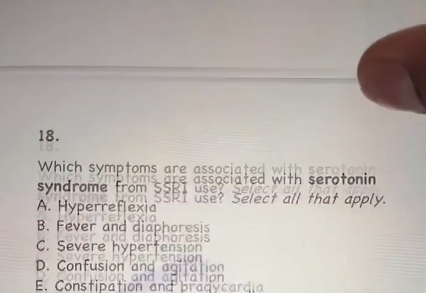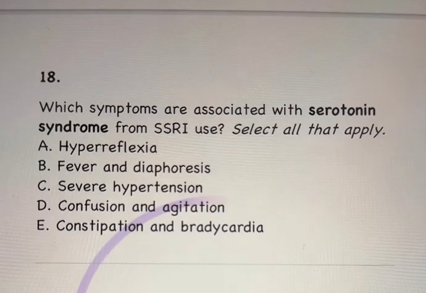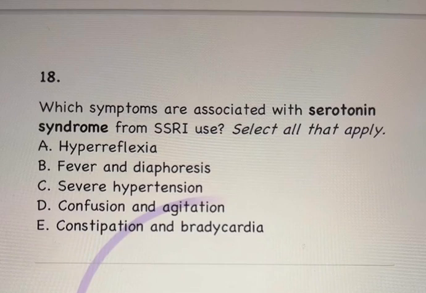Okay, three more questions, guys, and then we are going to be done with this. Which symptoms are associated with serotonin syndrome? Definitely, what is serotonin syndrome, guys? We discussed that at the starting of this session.